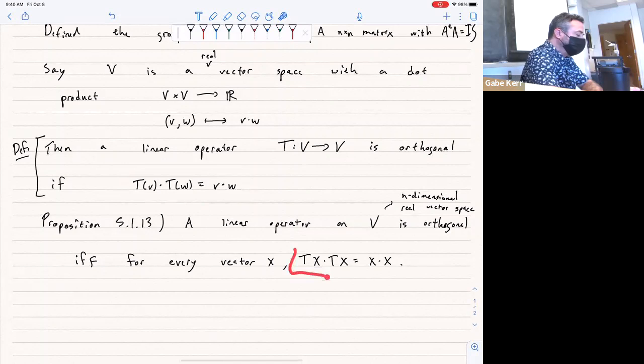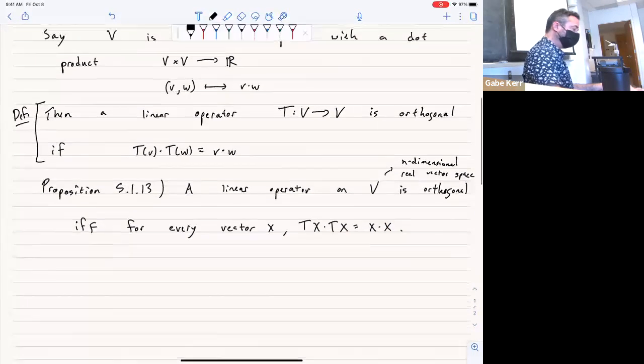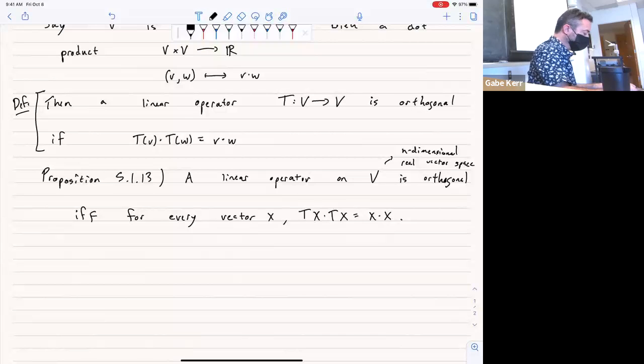But it's saying actually you just need a linear operator that preserves length. The definition sort of has length and angle in it, while this just says you need to preserve length. The proof is really elementary. Certainly one way is immediate: if it is an orthogonal linear operator, then just take V and W to be x, each of them to be x. So it's trivial in one direction.